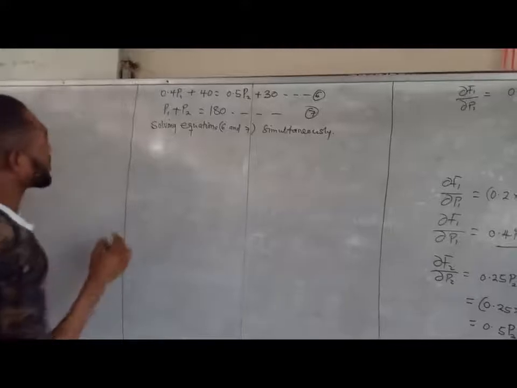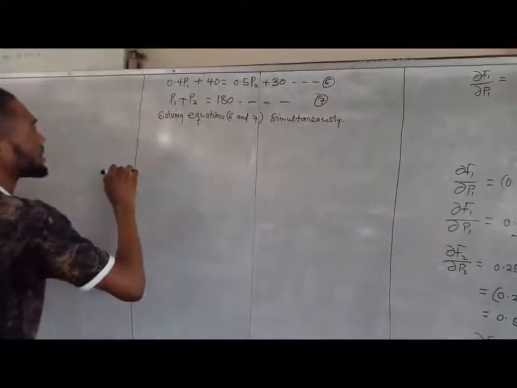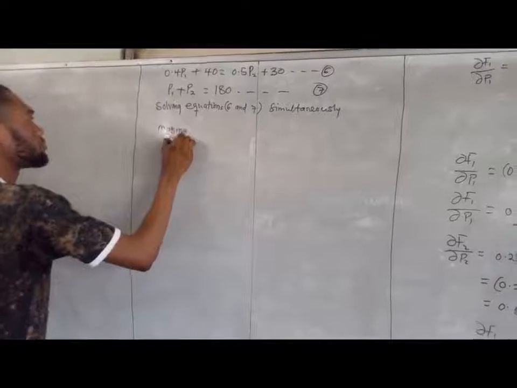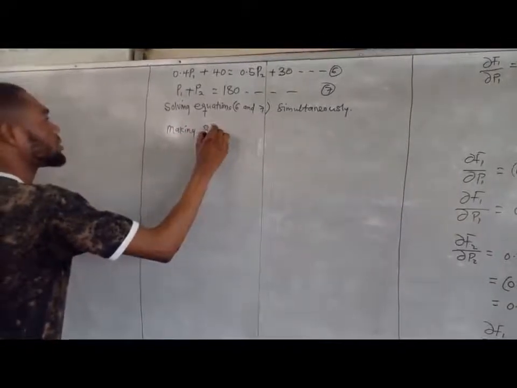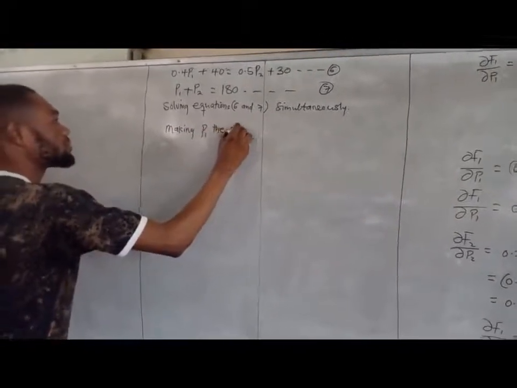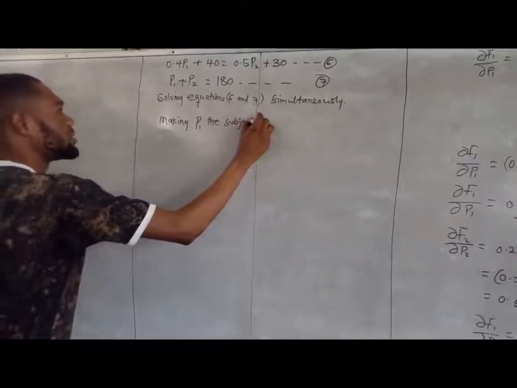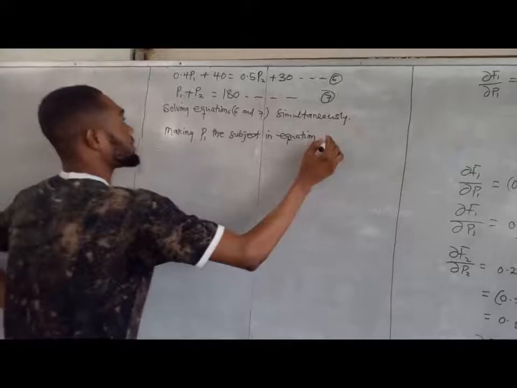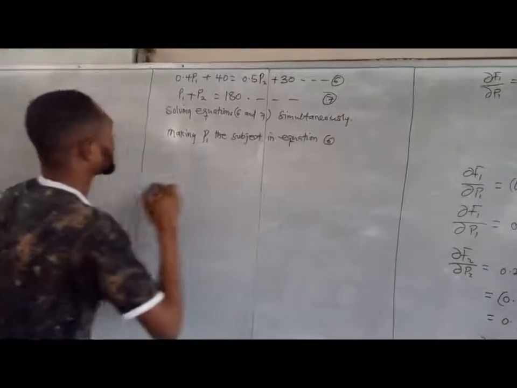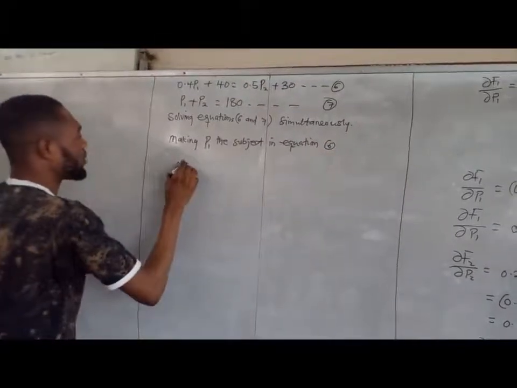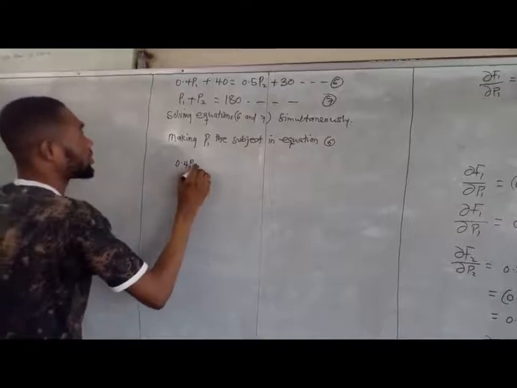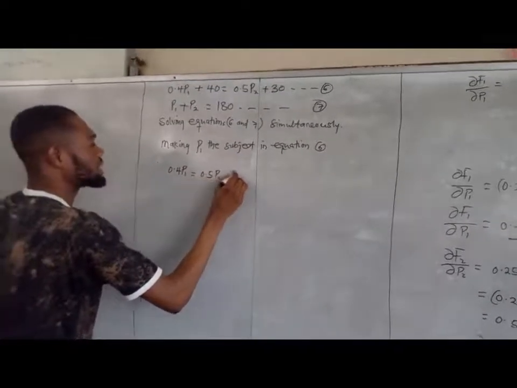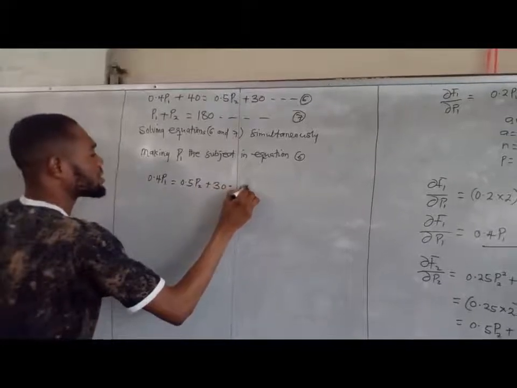So we can make P1 the subject in equation 6. So 0.4 P1 equals 0.5 P2 plus 30 minus 40.